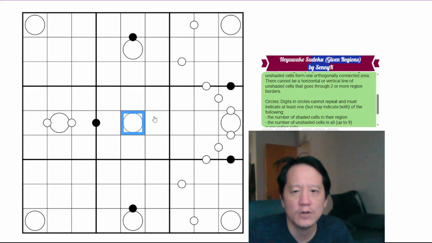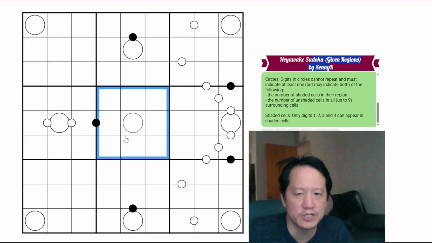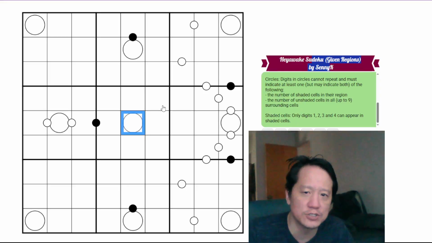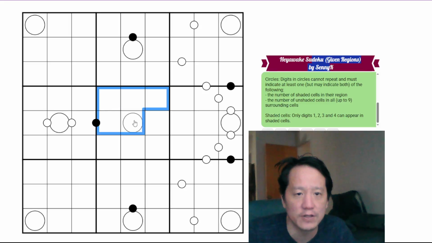Right. So the number of shaded cells in their region, or the number of unshaded cells in all 9 surrounding cells. But these are going to be different, right?